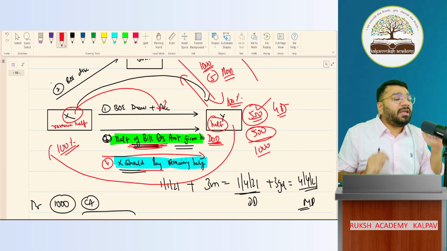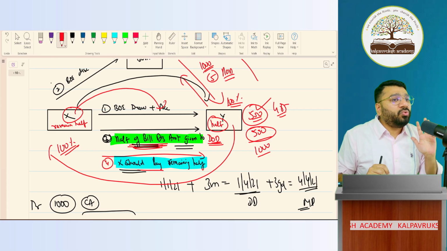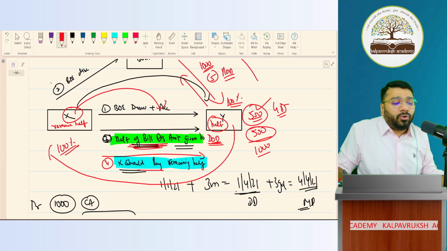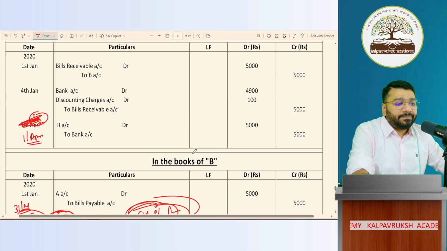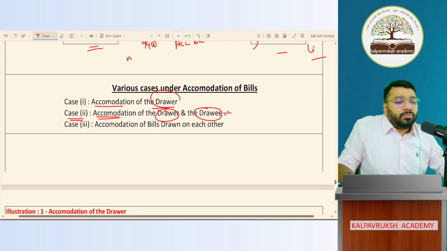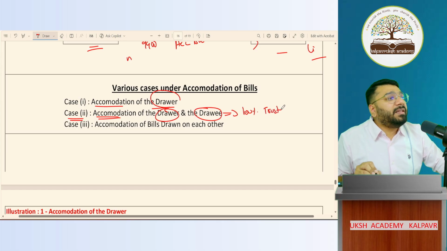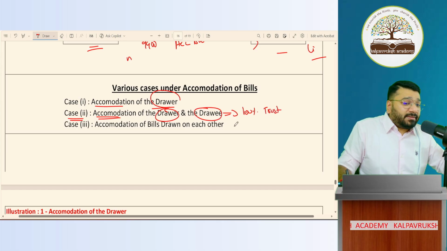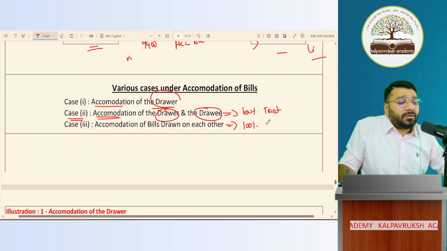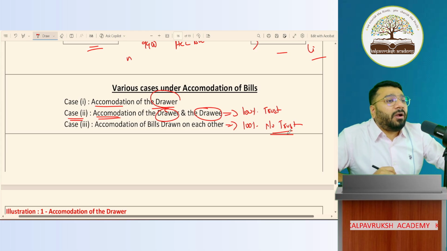If Y is trusting X, then case 2. Got it, not got it? But 2 and 3 both are same. Then what is the difference? In case 2, there is 100% trust between the parties. Whereas in case 3, there is 100% no trust between the parties. Got it, not got it?